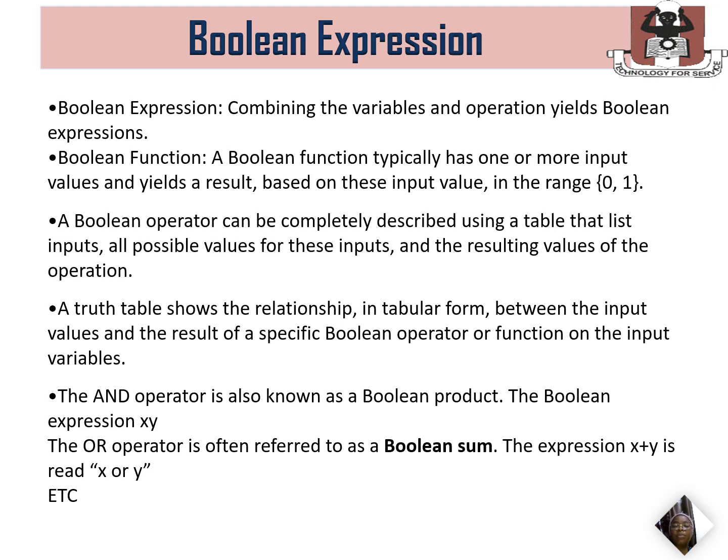A truth table shows the relationship in tabular form, that is, the relationship between the input values and the result of a specific Boolean operator or function on the input variables. We have the AND operator, which is called the Boolean product, and the OR operator, which is denoted as the Boolean sum.